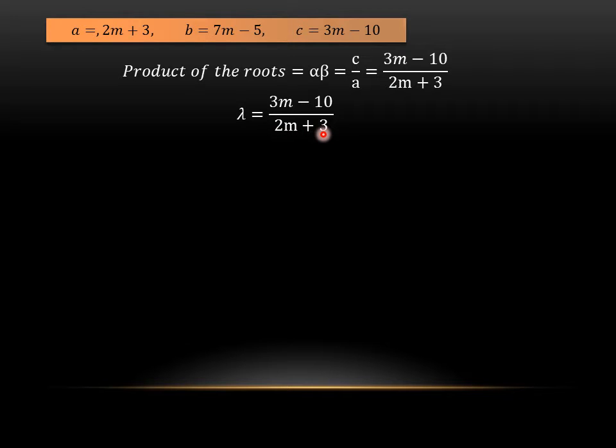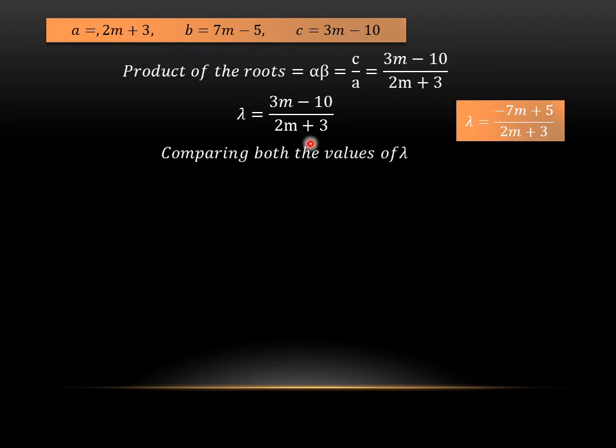Now we have two values of lambda. One is given, and the previous value we found in the previous slide, which is minus 7m plus 5 over 2m plus 3. This value and this value of lambda are comparable. Suppose lambda is any variable, we don't know its value. Can I say that lambda must be equal to lambda? Same as 3 equals 3, 2 equals 2, so lambda would be equal to lambda.